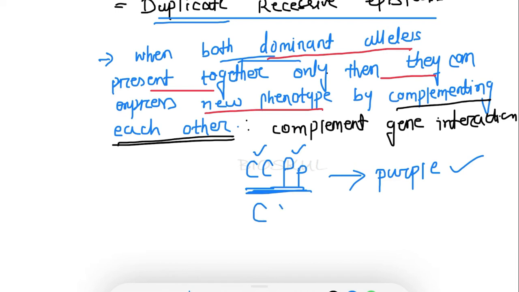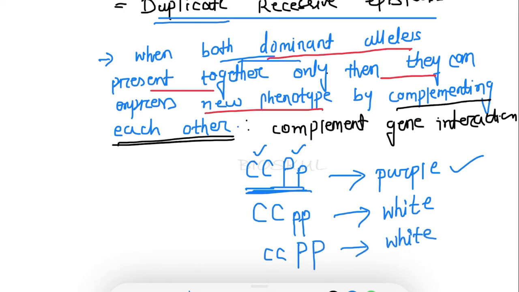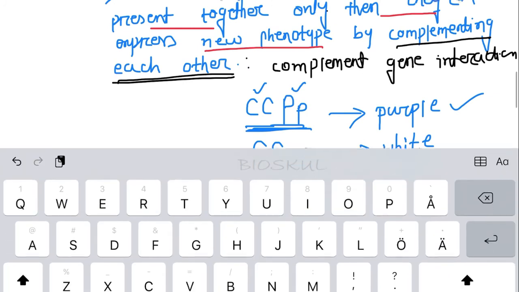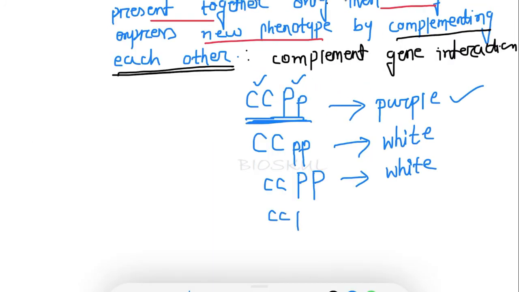If the condition is like this, the dominant form of one gene is present and the recessive form of the other gene is present, then it will result in white color flower. Similarly, if the recessive form of gene C is present and the dominant form of gene P is present, then also it will result in white color flower. If all the genes are in the recessive form, then also it will result in white color flower, right?